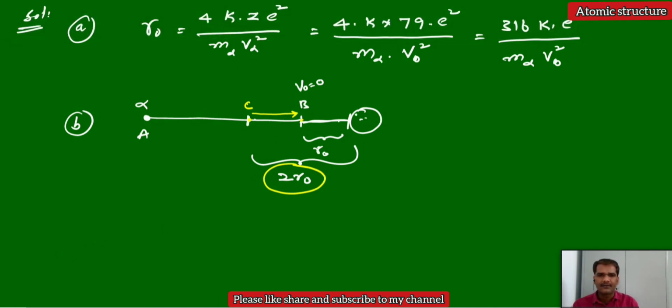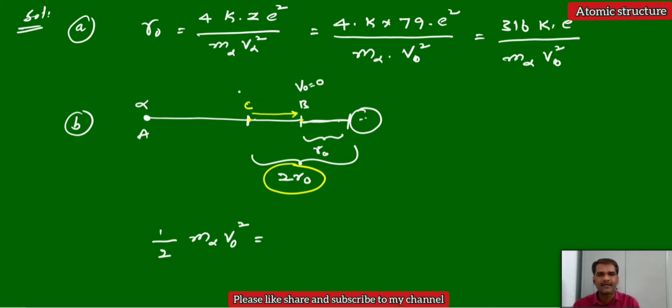Now you apply the formula at point A and point C. What are the values? We know, according to the previous derivation, that (1/2) m alpha V naught square is equal to the value at point C. At point B the kinetic energy is 0 and the potential energy is not 0, but at point C we have some amount of kinetic energy also.